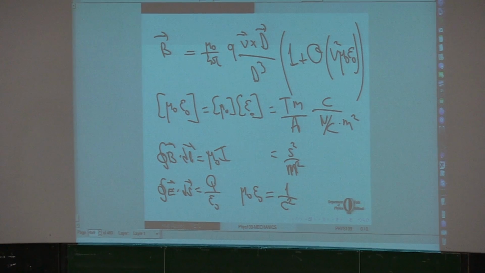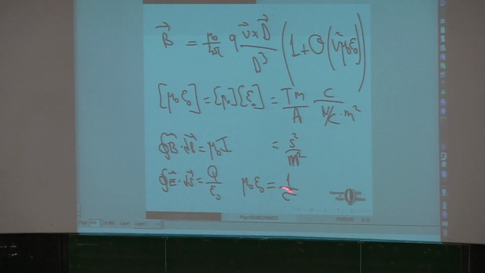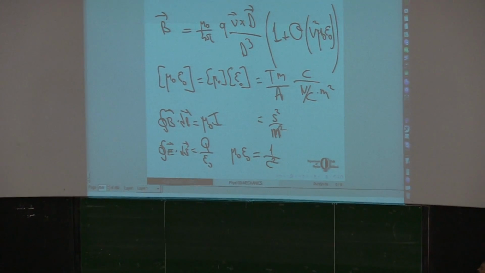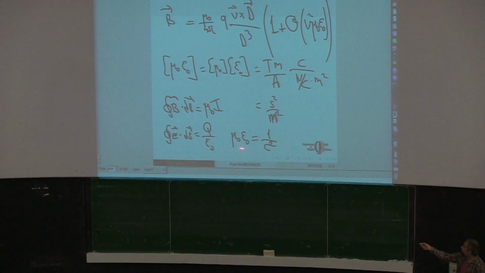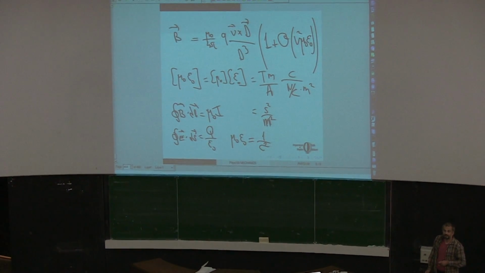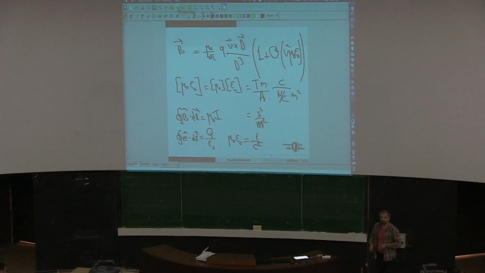It's just a constant, it doesn't change from reference frame to reference frame because the laws that we wrote are valid in every reference frame. So these constants are also the same in every reference frame. But that tells me that if this product is actually the inverse square of the speed of light, the speed of light should be the same in every reference frame.